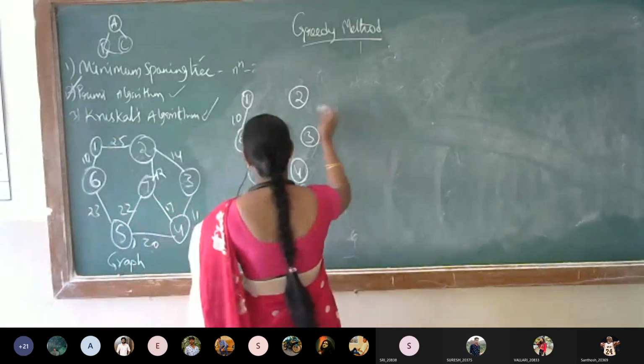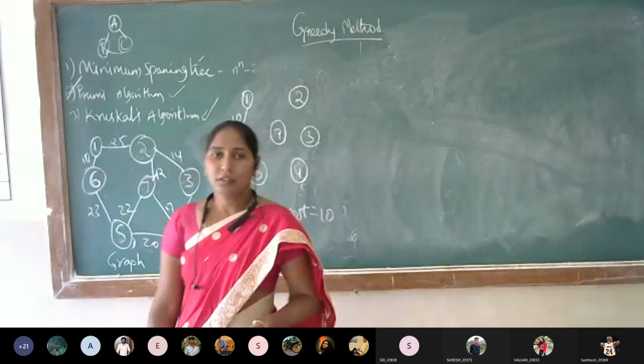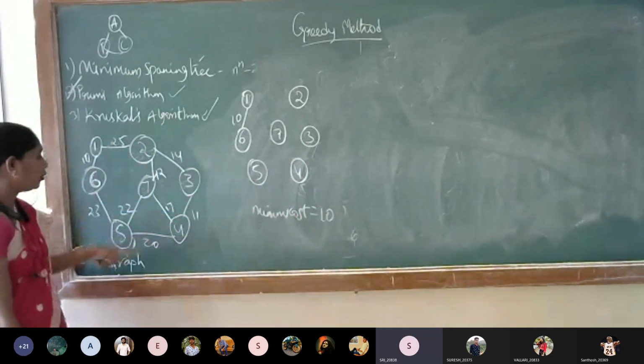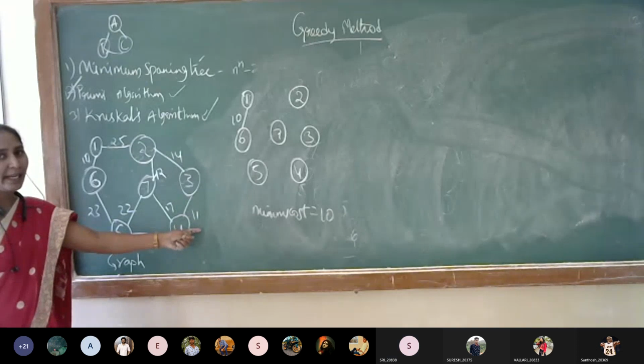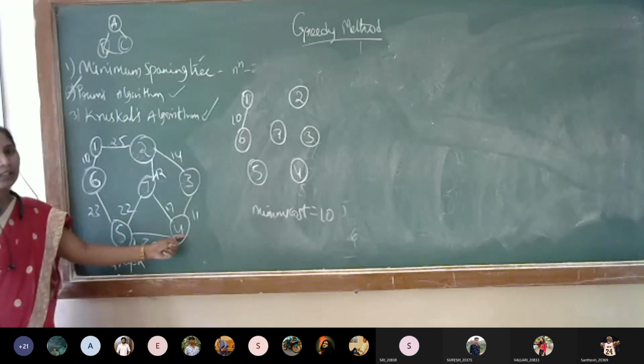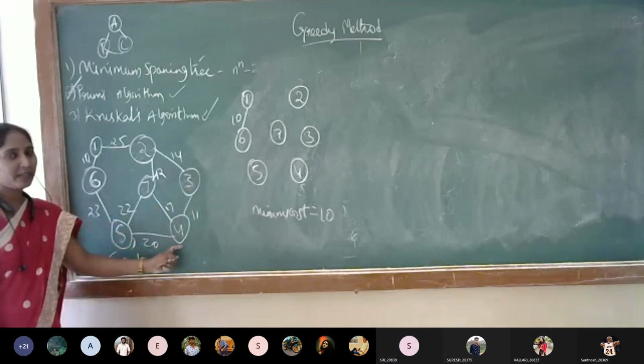Then the second graph you need to find. Next minimum cost you need to find in this particular graph. After 10, the next minimum cost is 11, and that particular edge is existing between which nodes? 3 and 4. Okay, so you need to specify this one.